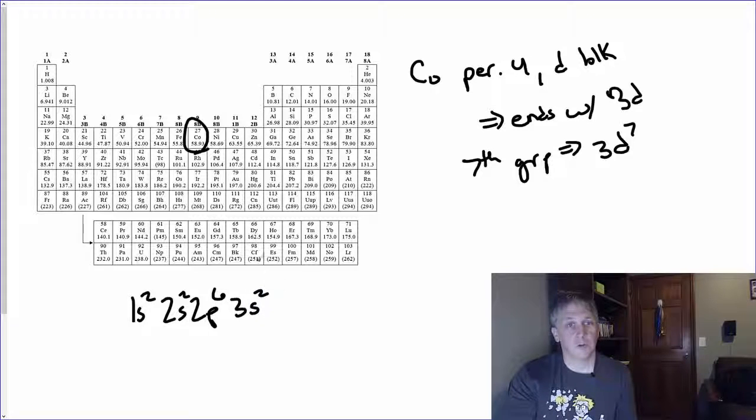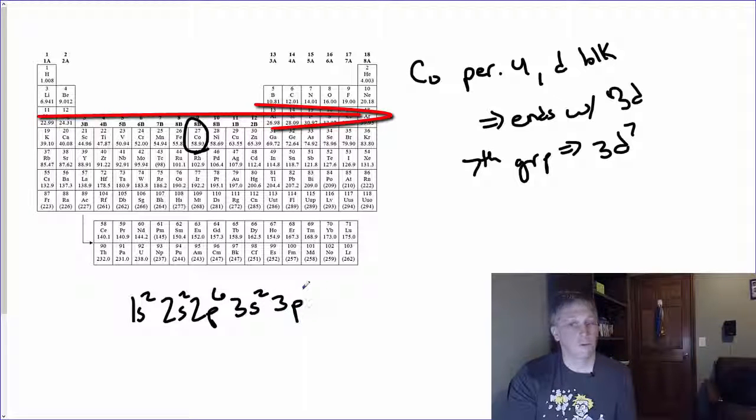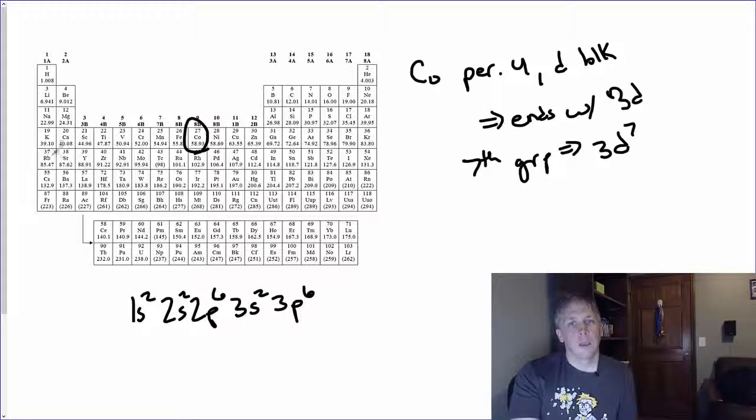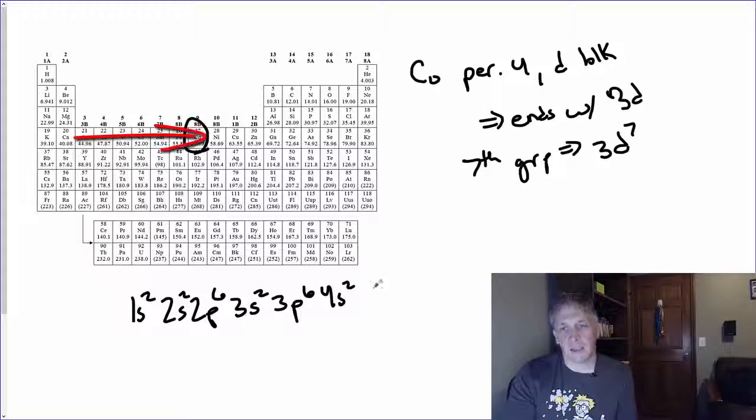Period 3, same thing. So 3s2, 3p6. And now you go through period 4. Start by going through the S block, so 4s2. Now we're in the D block, and we've already said what it should end with.